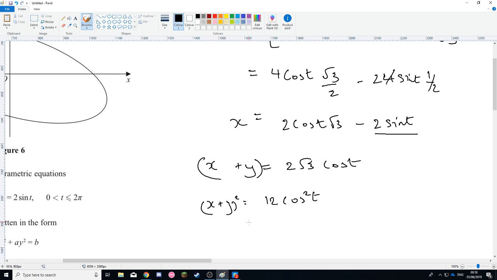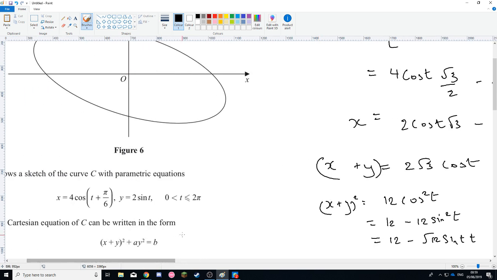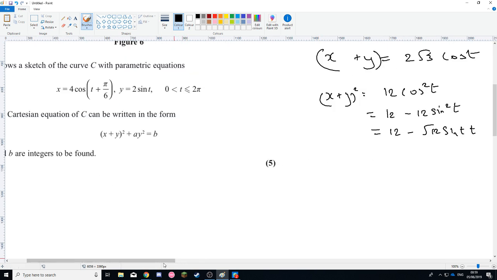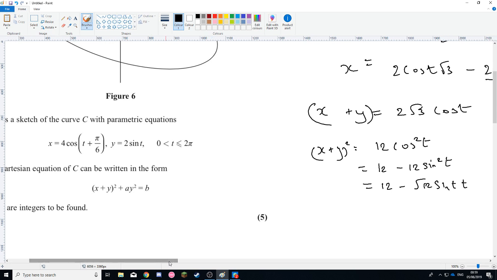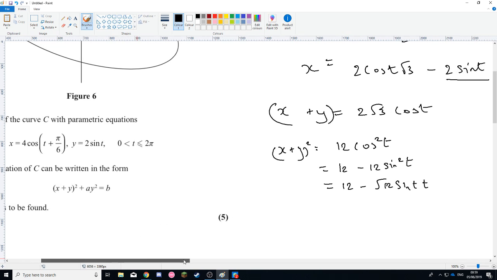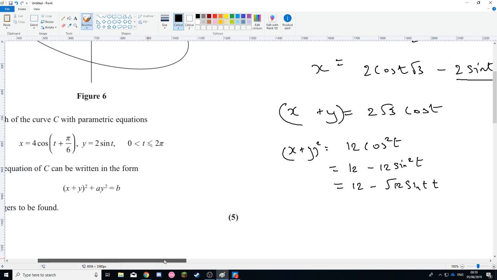Now cos squared t is the same as 1 minus sine squared t. Are these integers? Oh crap, they are. Yeah, that's not good.